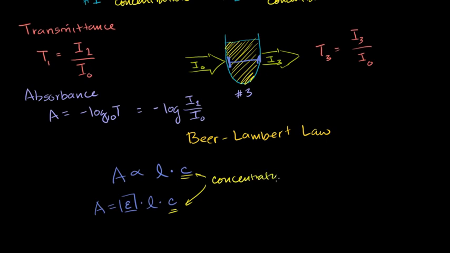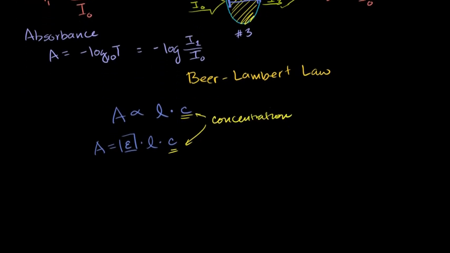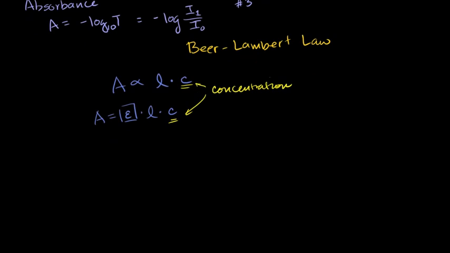And the reason why this is super useful is, if you have something of a known concentration, let me draw it right here. So let's say we have an axis right here, and over here I'm measuring concentration.